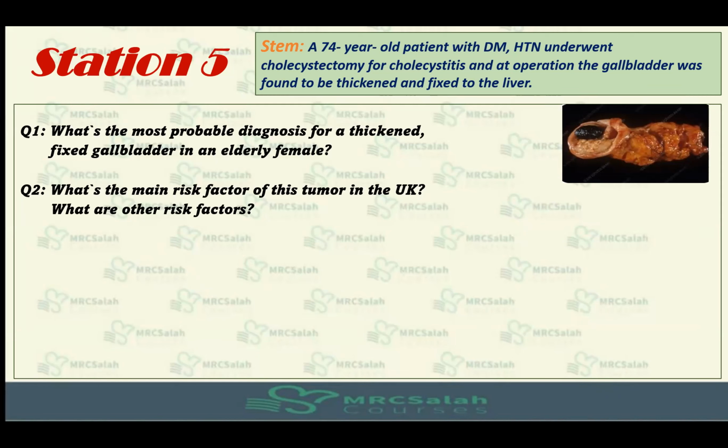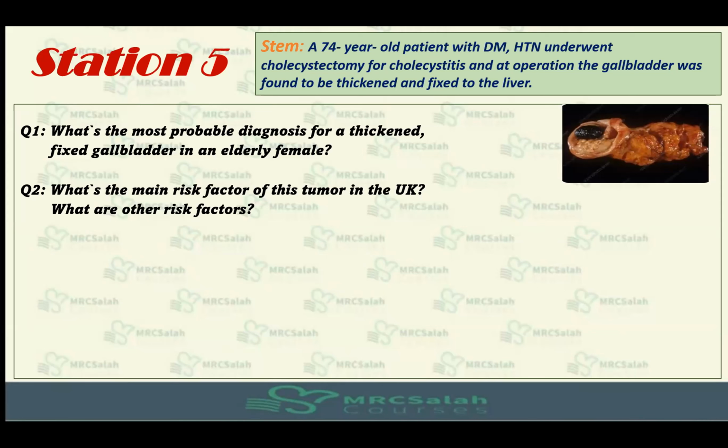She's of old age, 74, and also she's female. Yes, great. And there is a history of cholecystitis, and hypertensive. Perfect. It's great that you started with the relevant ones first.